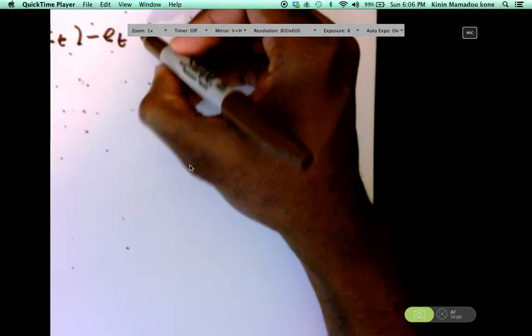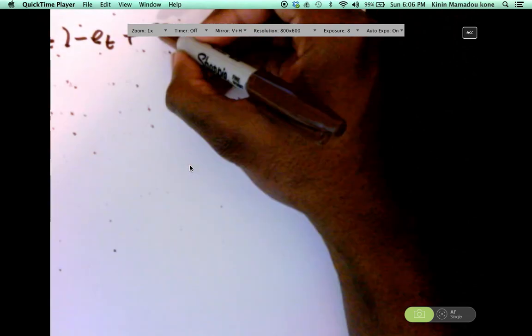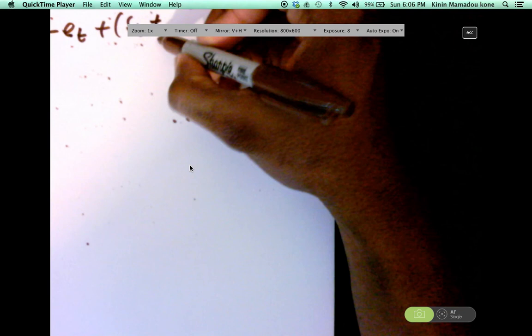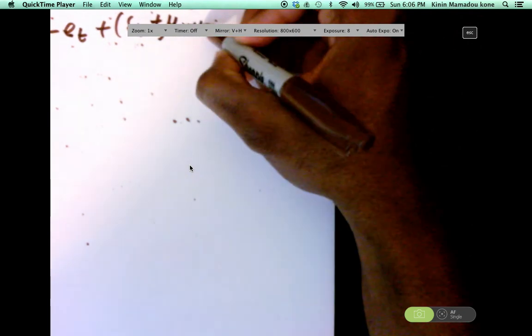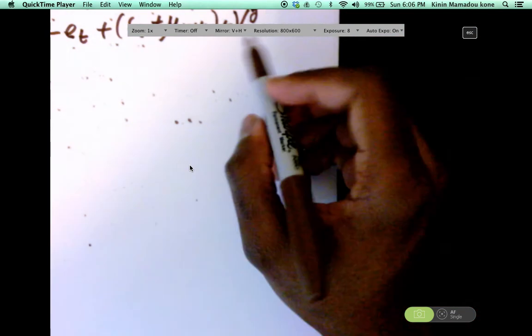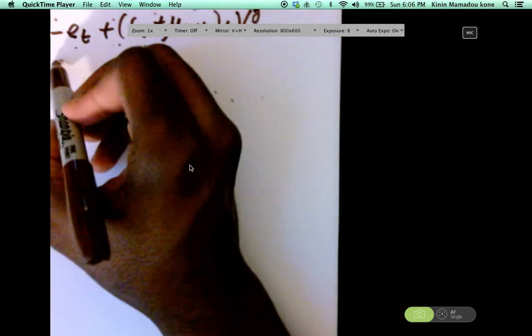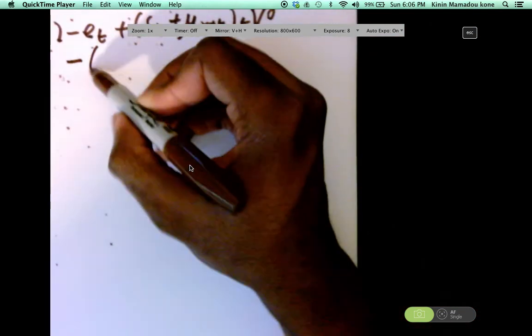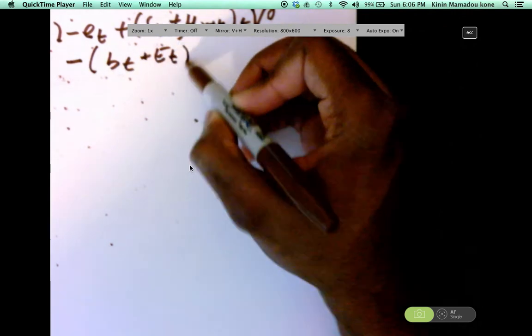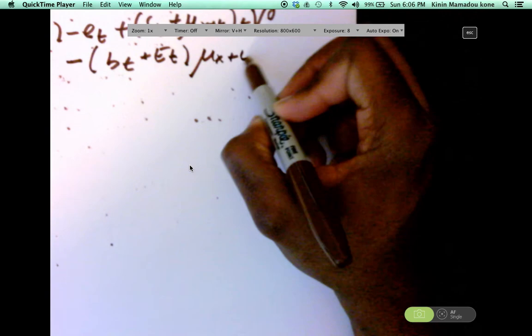And now you add another reserve at a certain interest rate and the force of mortality, and you remove the settlement expenses; the settlement expenses are the death benefit at a certain probability of dying.